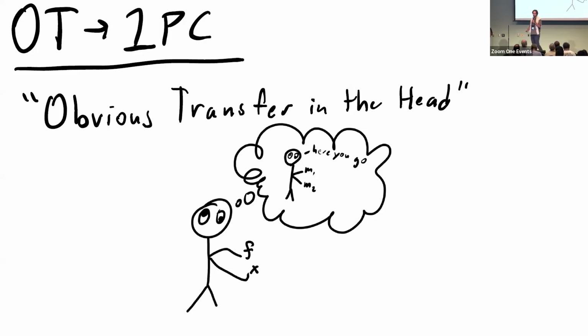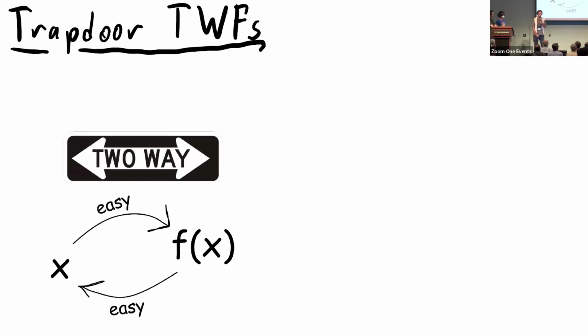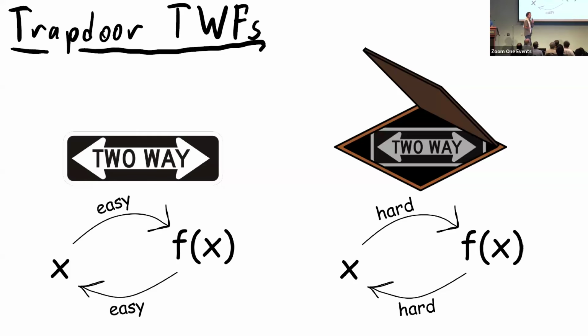Another cool result that I want to highlight in this short presentation is the trapdoor two-way functions. Well, we know from before that two-way functions are easy to compute, both in one way and in the other way. But what if with a trapdoor, we could make them hard to compute both ways again?